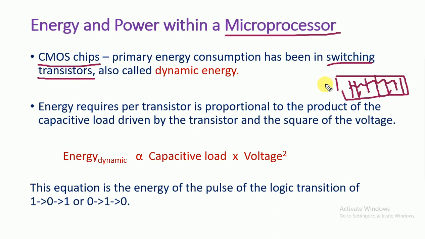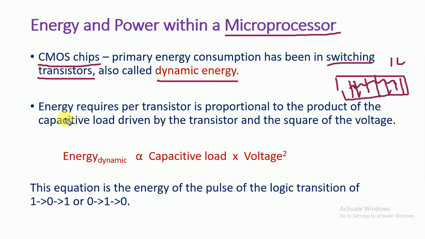So that is the major element where we require energy, and for that purpose we require overall power also. That energy is usually called dynamic energy. So what is dynamic energy? Dynamic energy is the energy consumption that occurs because of the switching between transistors present in an IC.